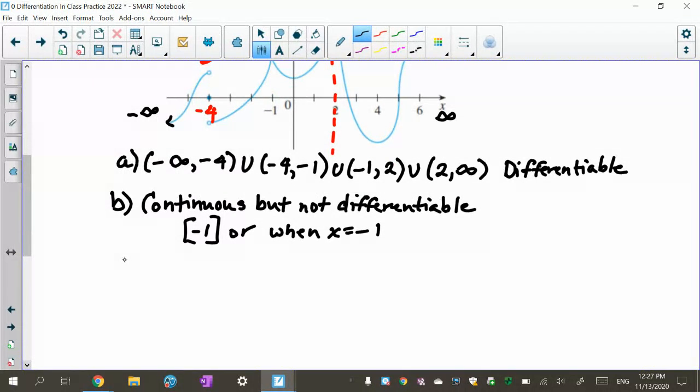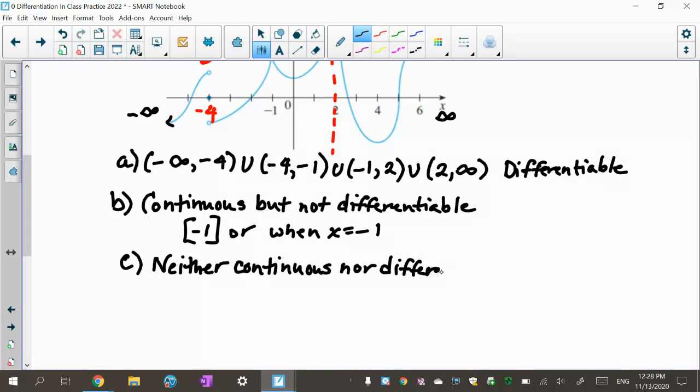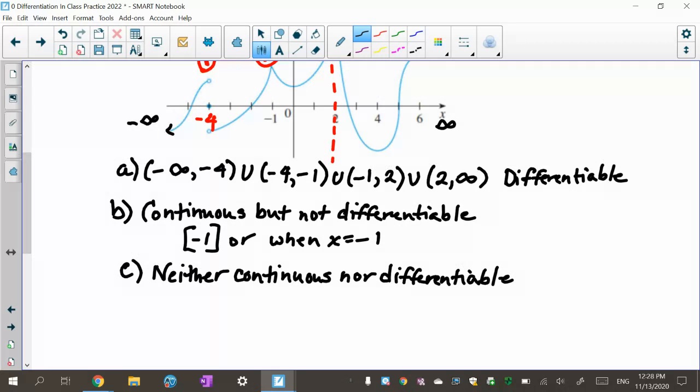The C part asks you where it's neither continuous nor differentiable. So I look at this graph here, it's only going to be here at 1 and at 3.